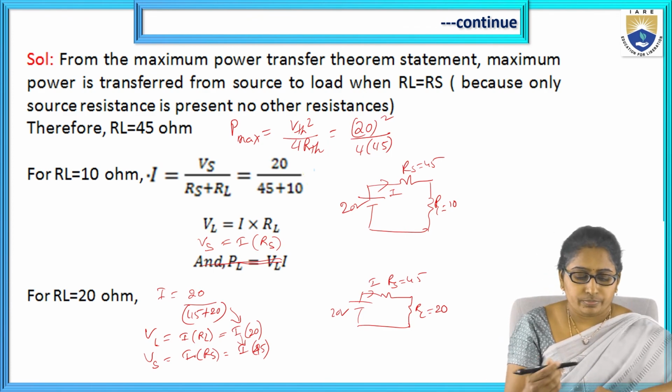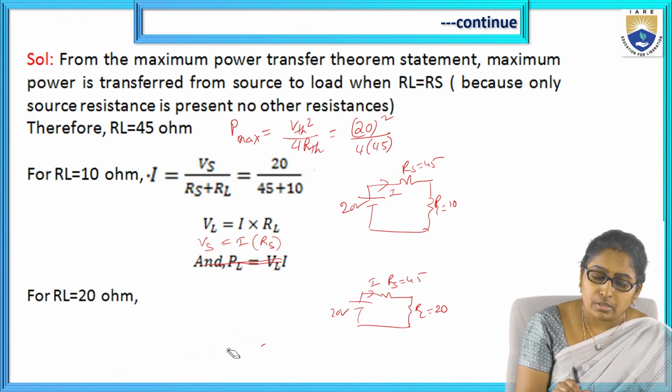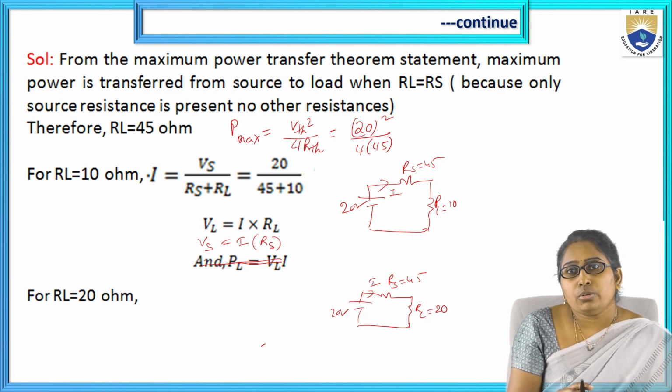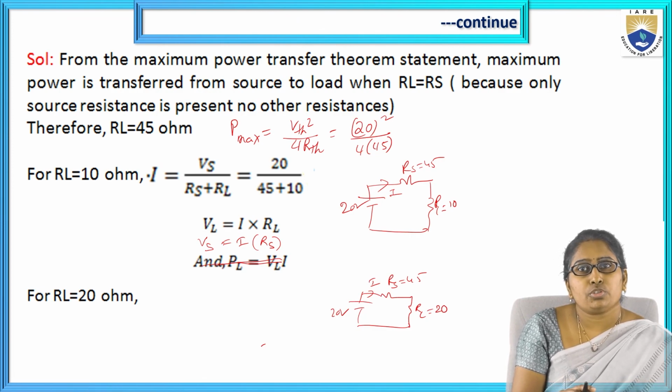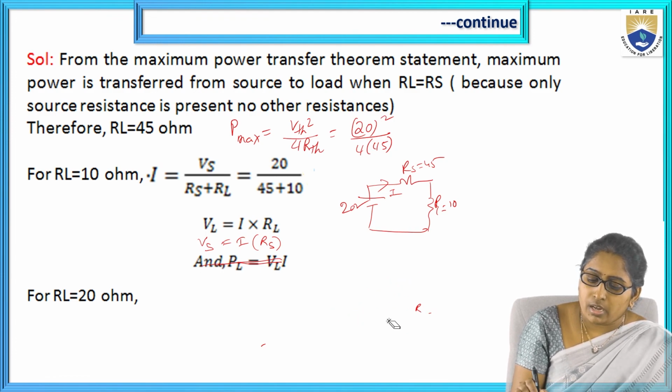So that is how for this question we calculated the maximum power in the circuit, and also the current and voltage drops in each case of RL.